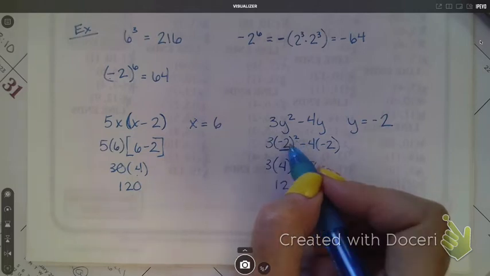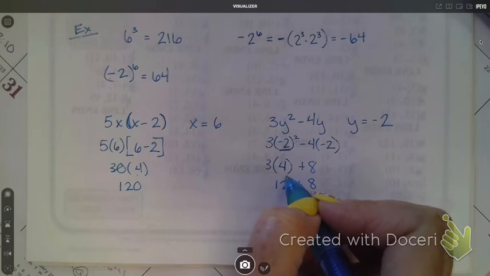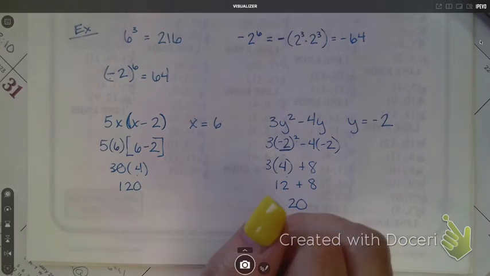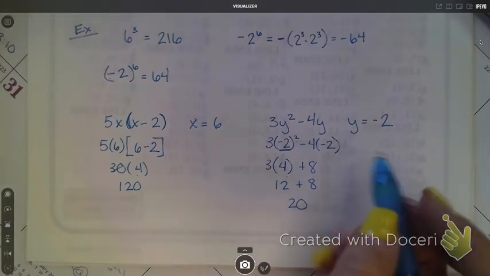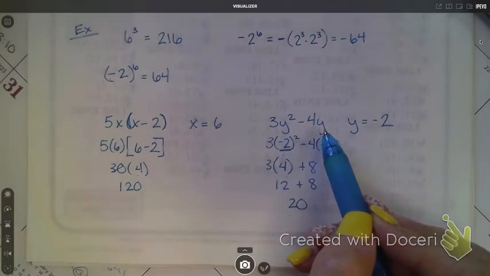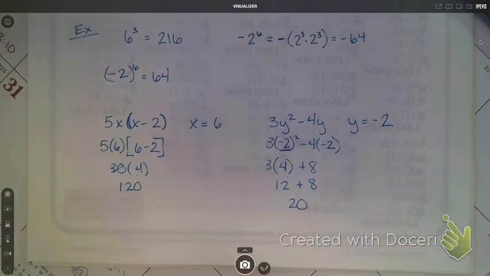So we have to square the -2 to get 4 first. Okay? Does everyone see the mistakes they made? Now, Xander, you multiplied first, then squared. Okay, but then when you substituted in the -2, you left the y there. -2 is y, so you shouldn't have any more y's.